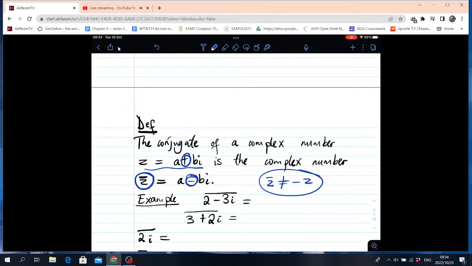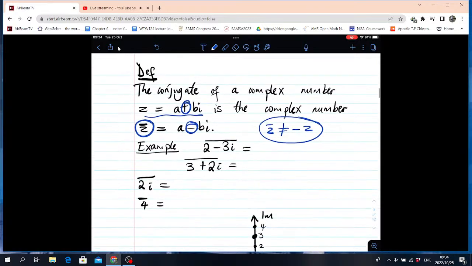Right. So let's look at some examples of conjugate complex numbers before we get into the inverse of a complex number. If you've got a complex number 2 minus 3i, then by the definition that we have there, the conjugate of that complex number would be 2 plus 3i, right?